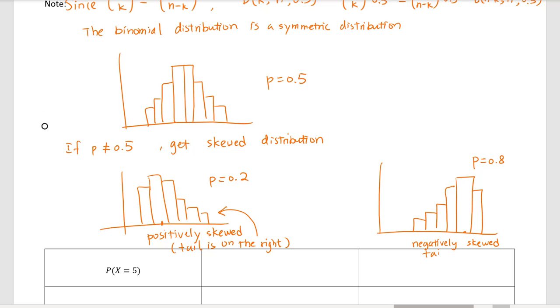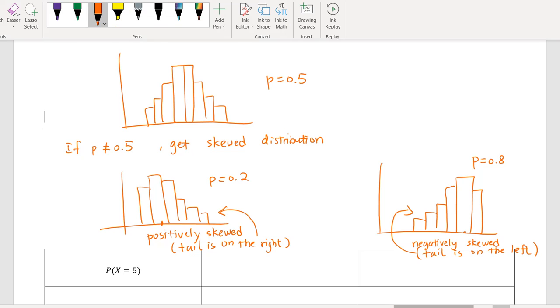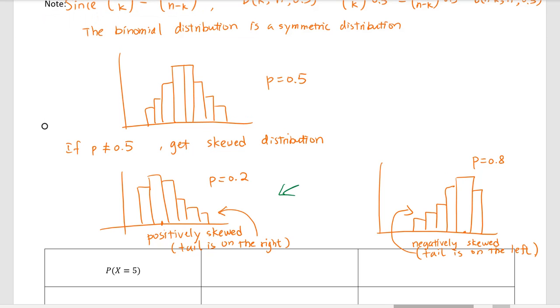So the tail is on the left. Okay, you can see the tail is on the left. And notice that these two pictures are actually mirror images of each other.